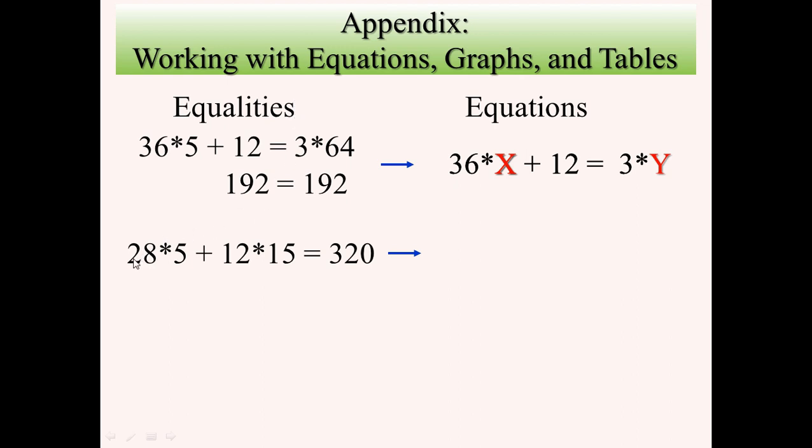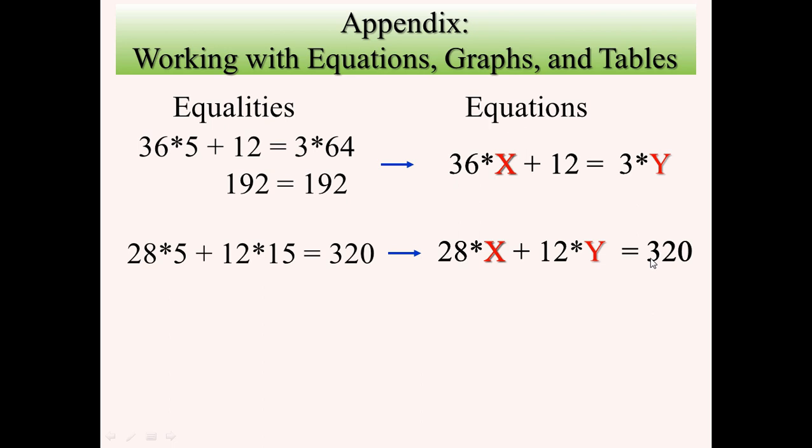The second one: 28 multiplied by 5 plus 12 multiplied by 15 equal to 320. If I substitute 5 by x, this becomes an equation with one variable. If I substitute 15 by y, again it is an equation with two variables.